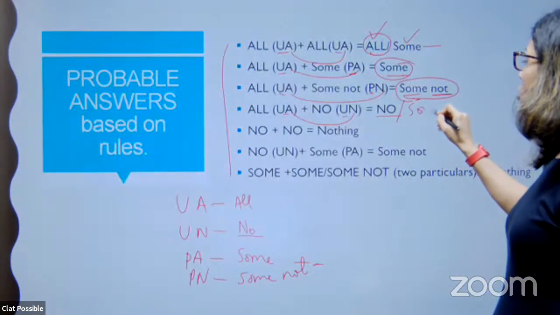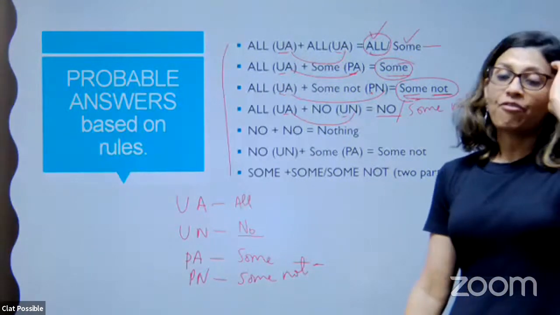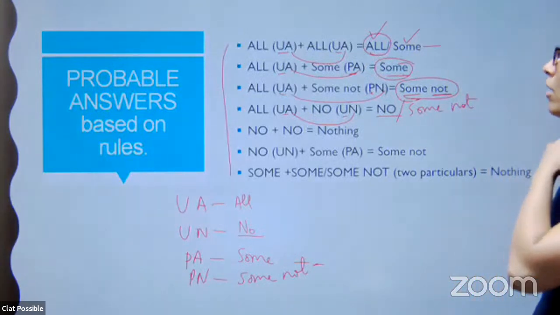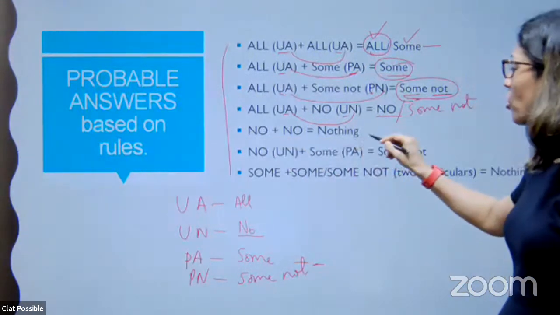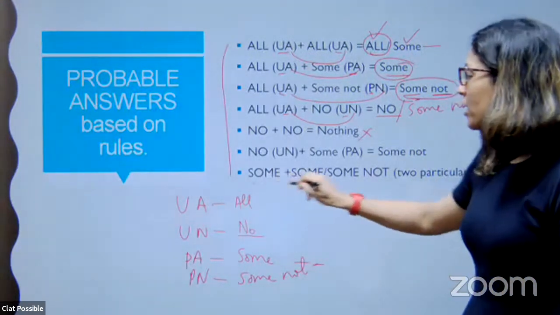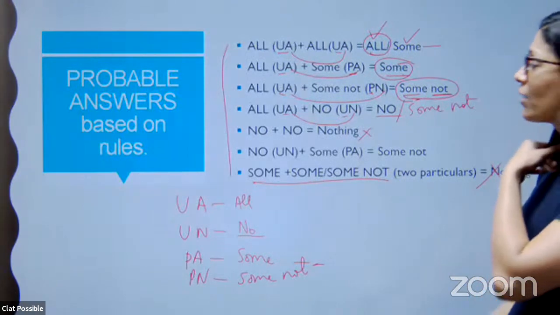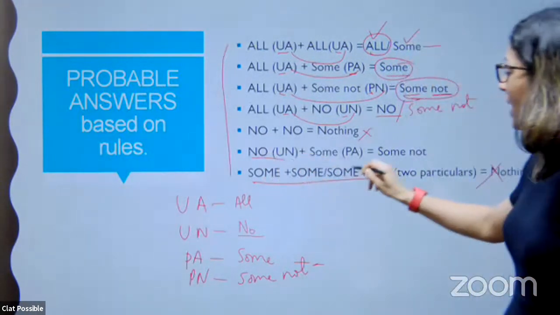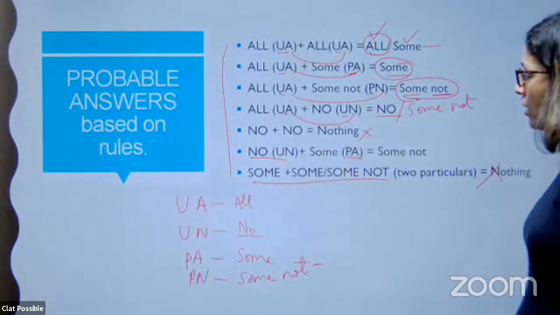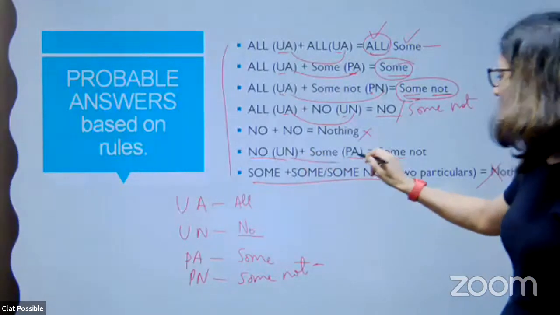In one case, we also get particular negative. But the answer for affirmative plus negative is always going to be a negative. We also saw that two negatives do not give any conclusion. Two particulars do not give any conclusion. One conclusion that we are left with is a universal negative with a particular affirmative. That means no plus some. So we will get a particular answer, but again, a plus n will give me n.